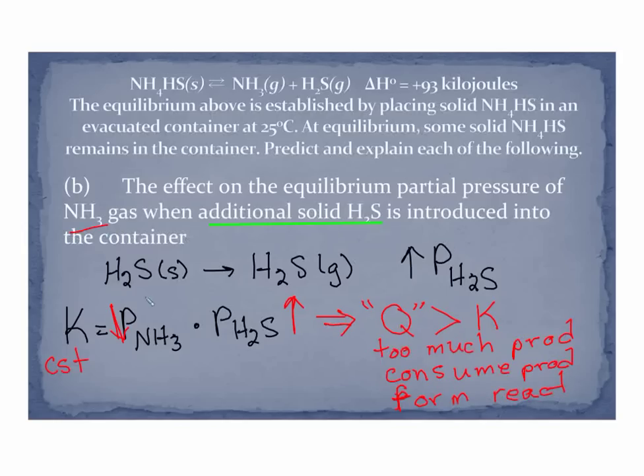Well, it asked us about our NH3. That's a product. If we are consuming product, that tells us that our partial pressure of NH3 needs to decrease.